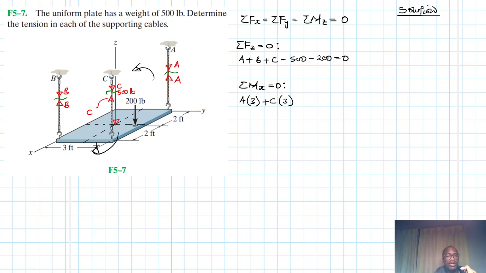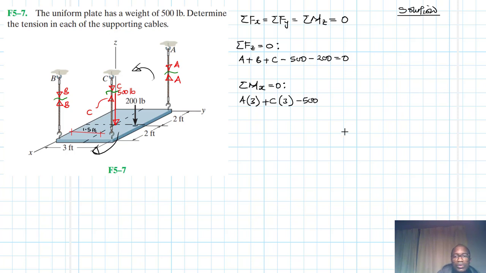Therefore, both 500 and 200 will cause a negative moment. So we have minus 500 times the lever arm, which is half the length of the plate, this length here. Let me draw it properly. So that is the length, like so. Let's indicate that one. That one is going to be equal to 1.5.